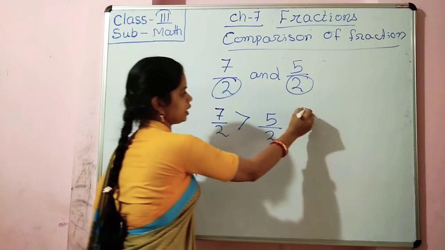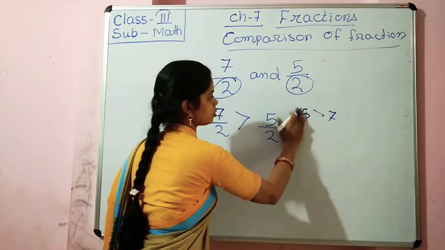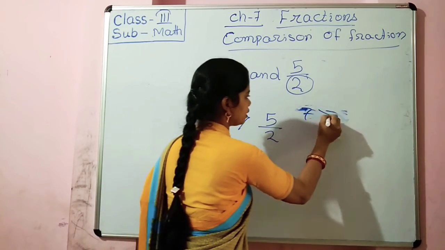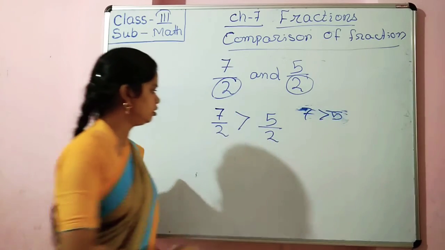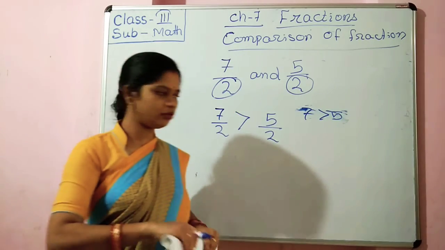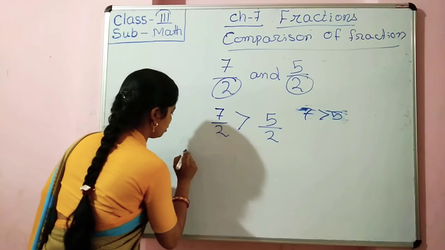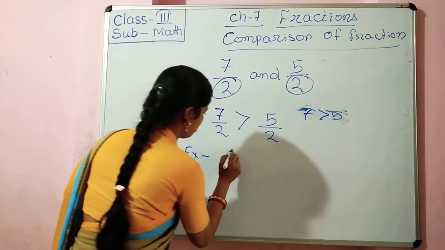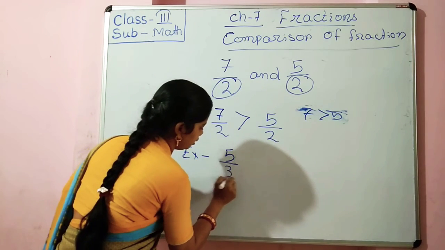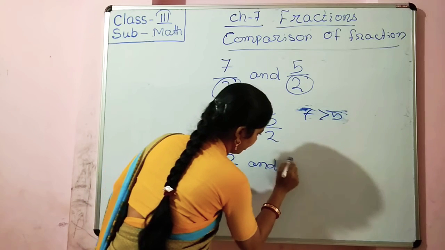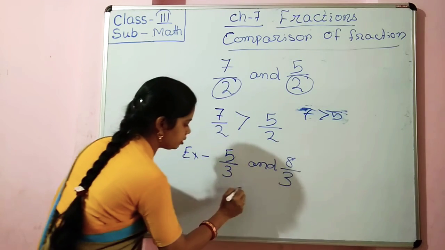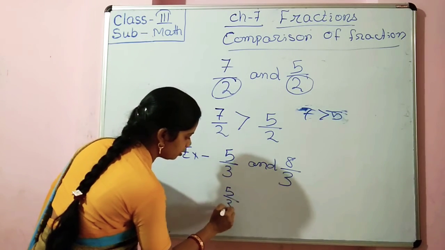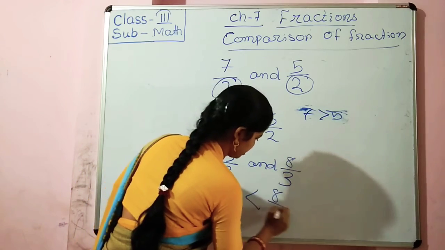So 7 is greater than 5. So 7 by 2 is greater here. Okay, the next example, देखो. Suppose 5 by 3 and 8 by 3. Which is greater? Here 8 by 3 is greater.